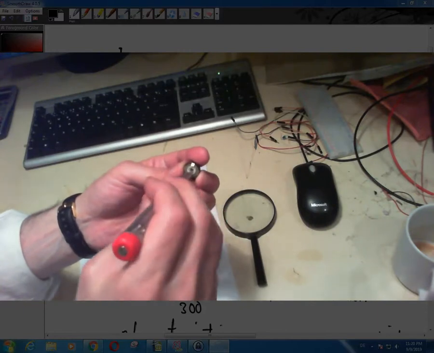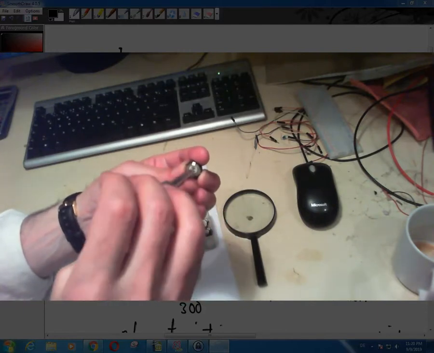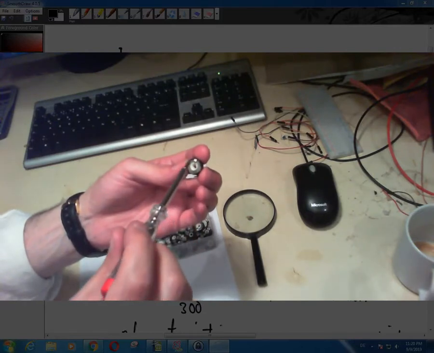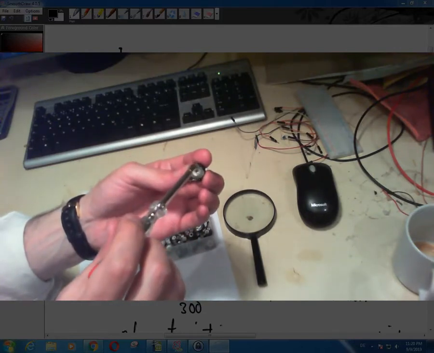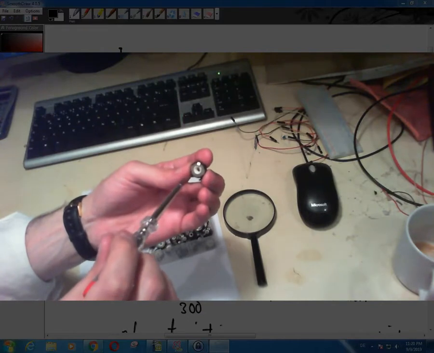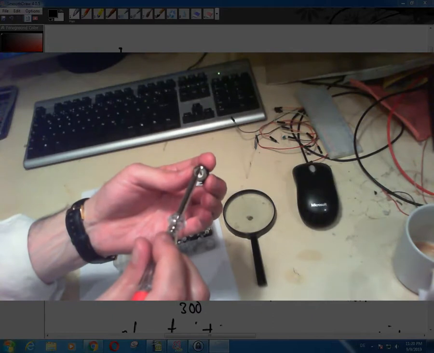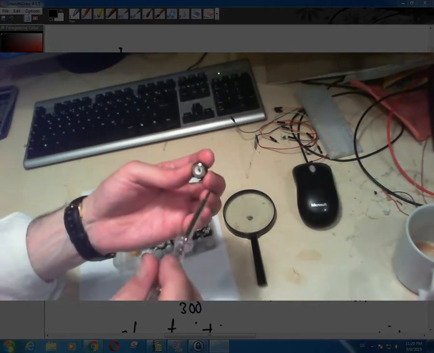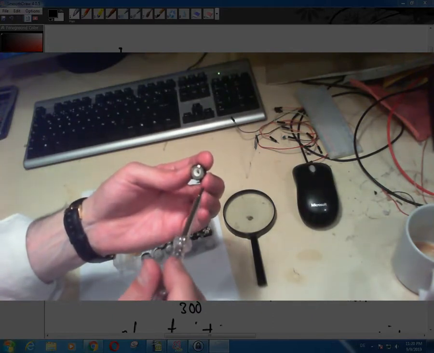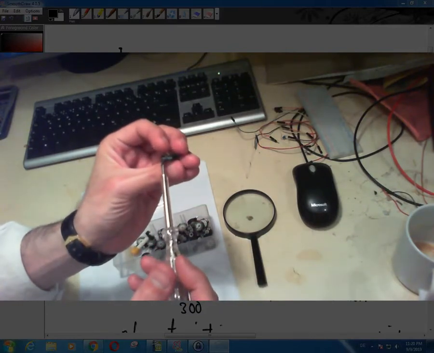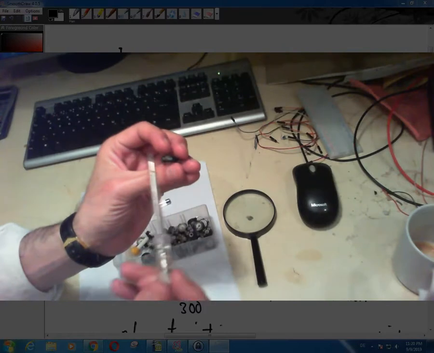If you turn the potentiometer all the way to one end, then the resistance between the center tap and one of these leads is going to be 0, and the resistance between the center tap and the other lead is going to be the maximum designated here, which in this case is 50 kilo ohm.